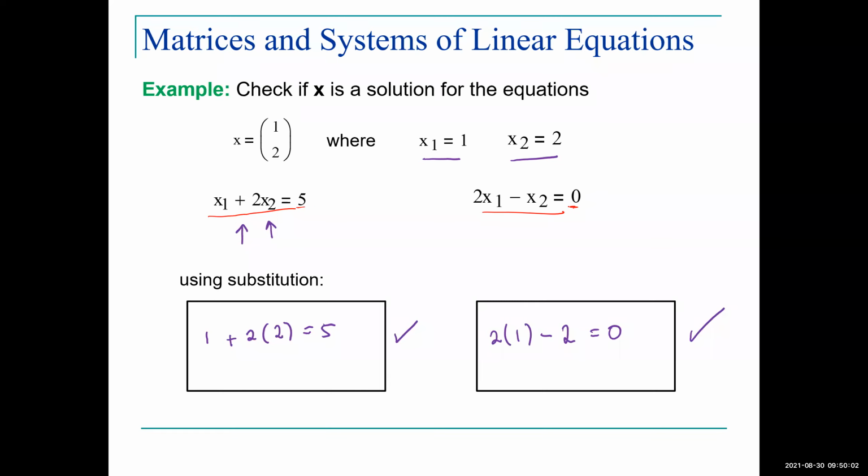You will not find an x1 equal to something and x2 equal to something that will meet those 2 equations, in which you have x1 plus x2 equals 5, 2x1 minus x2 equals 0. If you plug in any combination of numbers there, there's not going to be a combination in which those 2 equations will be feasible or satisfied. Obviously, that's not the case for this example, but I'm trying to show you what that means.